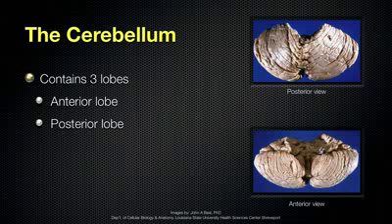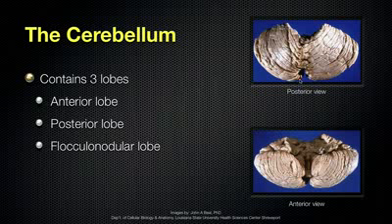And then we have what's called the flocculonodular lobe. The flocculonodular lobe, and that would be inferior, but it's kind of small, so you can't see it as well. Well, it's not shown in this picture. It's kind of blocked by the posterior lobe. So we have the anterior lobe, posterior lobe, and the flocculonodular lobe. Those are the three lobes.